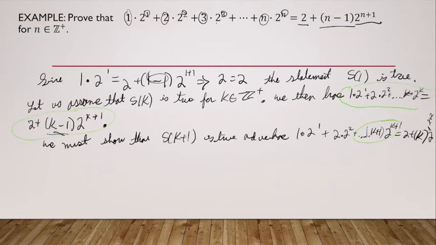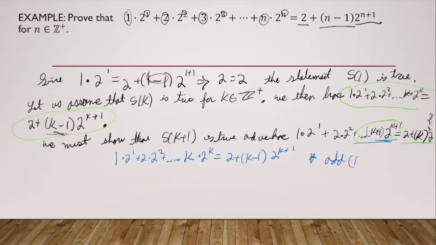If I add this to both sides, make it look like this. So I'm going to take 1 times 2 to the first plus 2 times 2 to the second plus dot dot dot plus k times 2 to the k equals 2 plus (k minus 1) times 2 to the k plus 1. Now is when I add this, (k plus 1) times 2 to the k plus 1, to both sides.